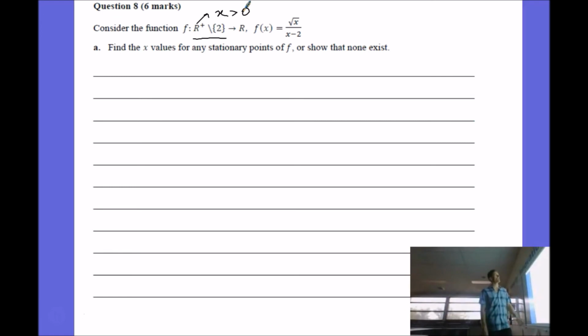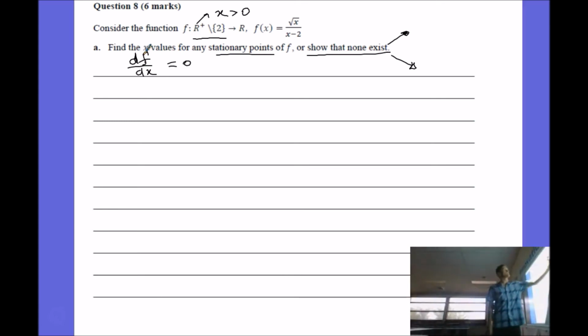Okay? So to show that no points exist, there could only be 2 scenarios that we could get. Well, our stationary points are where the derivative of the function is equal to 0, and when we solve that equation, we're finding locations of stationary points.